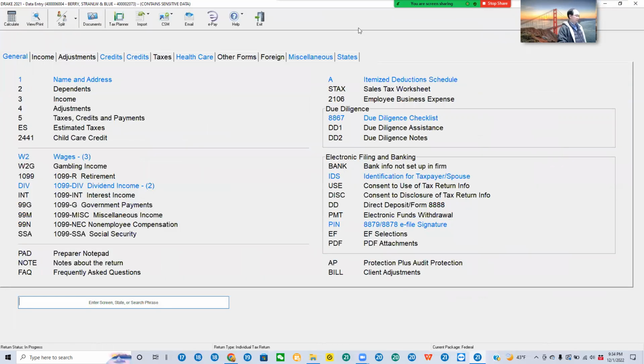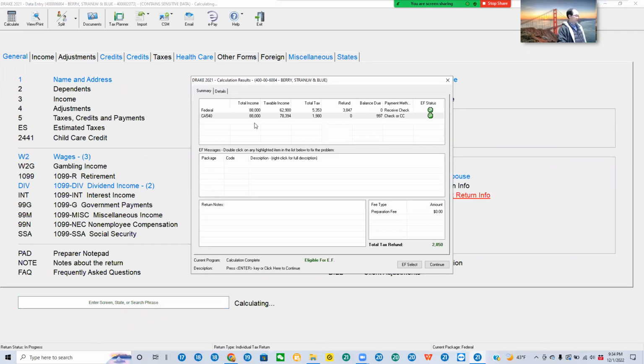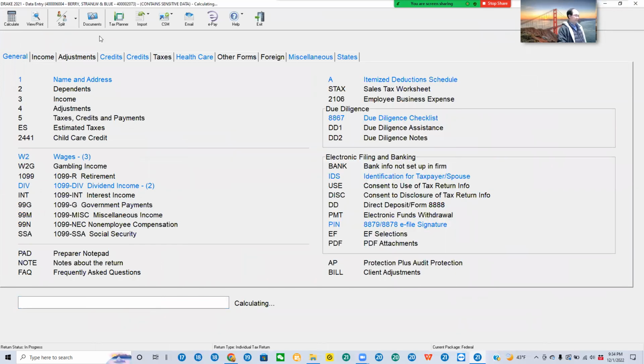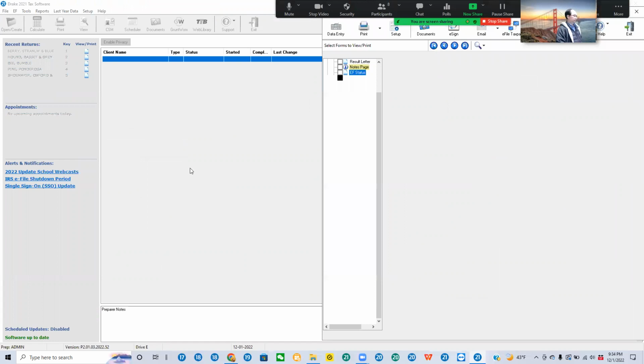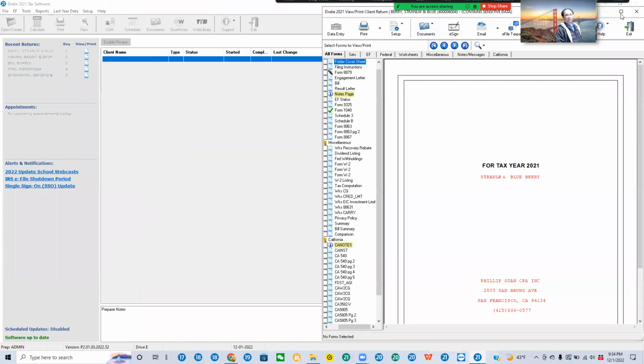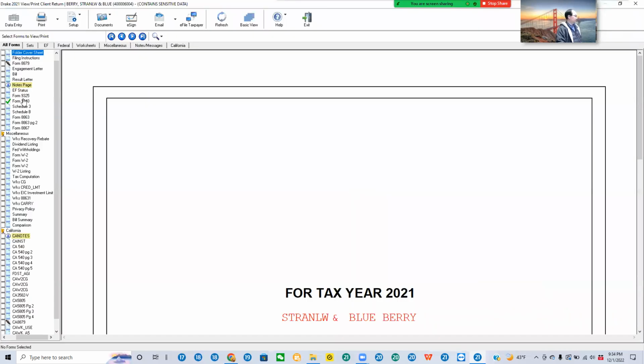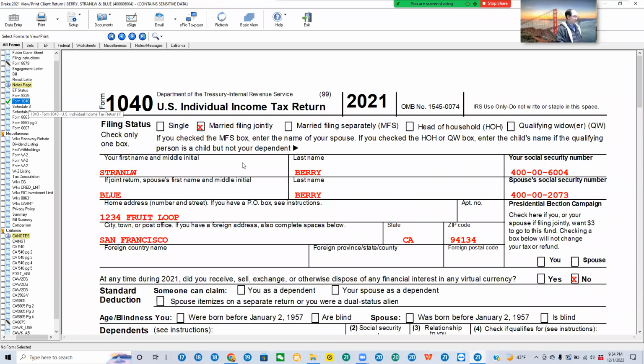Now this will give us only two. One is federal, one is California. Now, at this moment, the finished tax returns there. Verify joining.